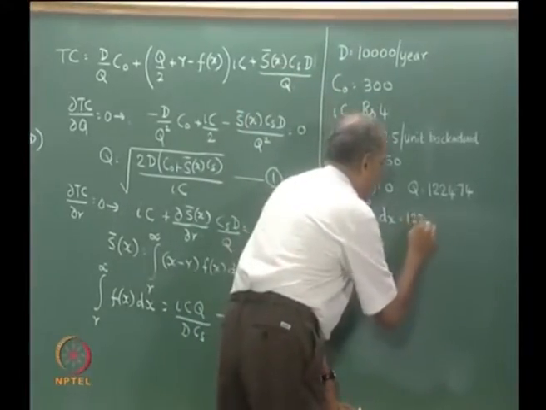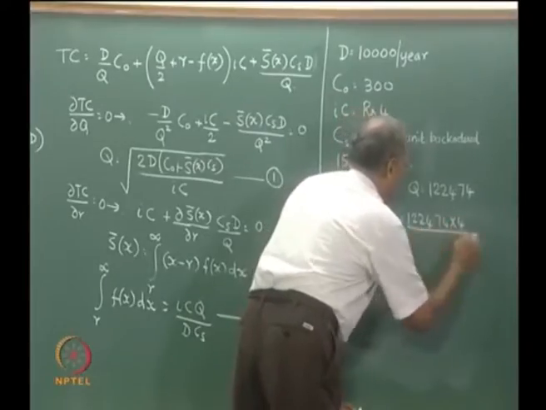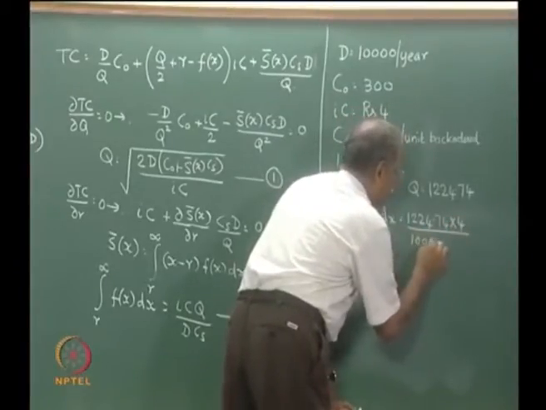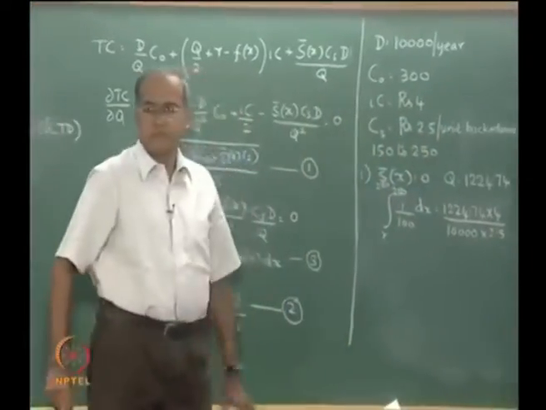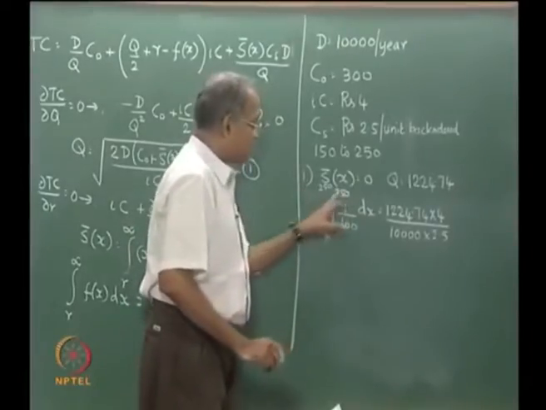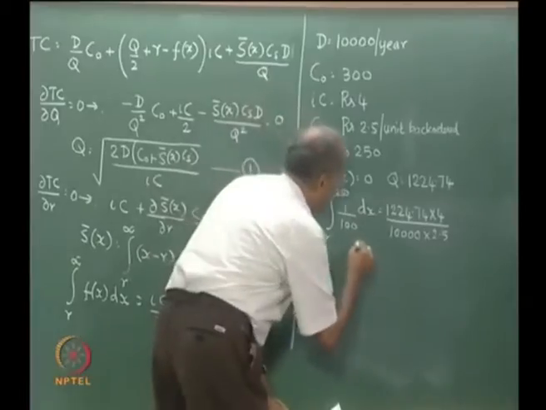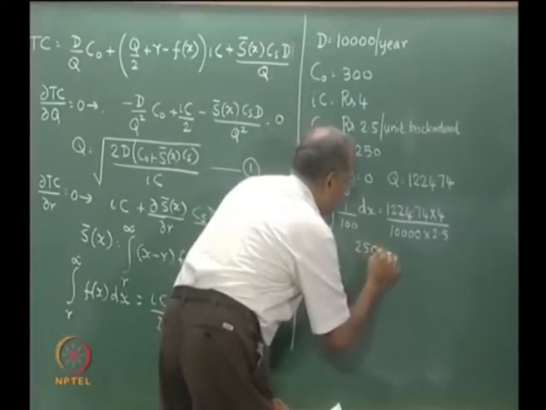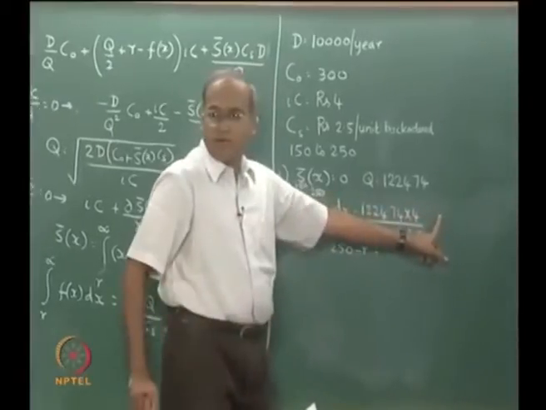So, 1224.74 into 4 divided by 10,000 into 2.5. So, this 1 by 100 will come out. So, this is 250 minus R is equal to this quantity multiplied by 100.